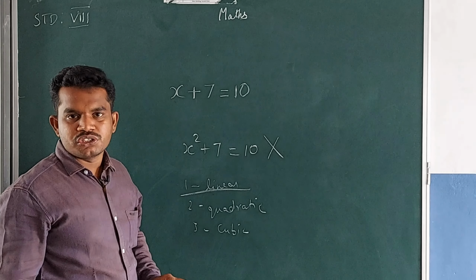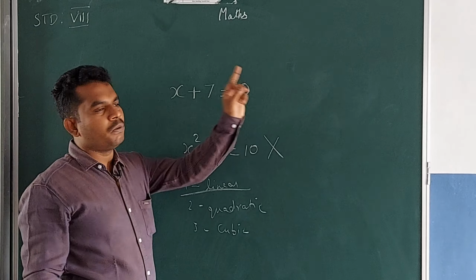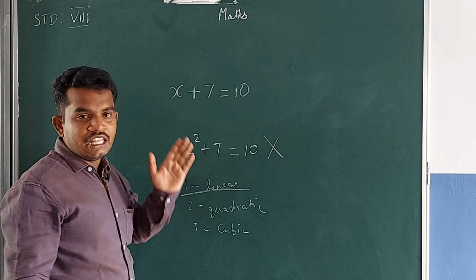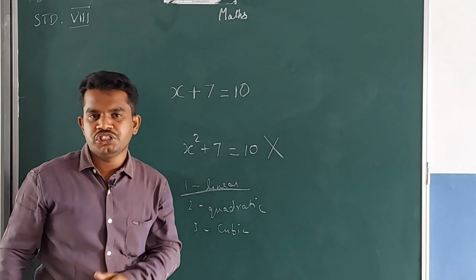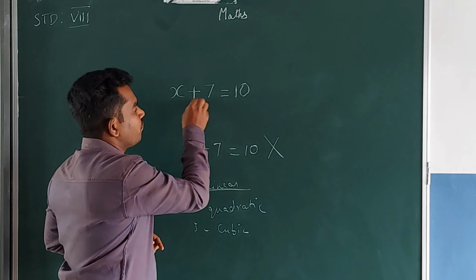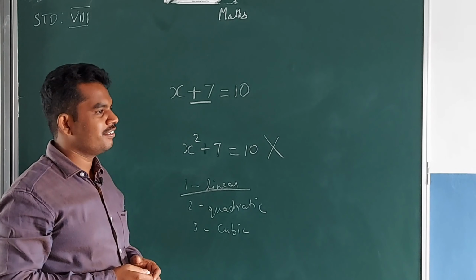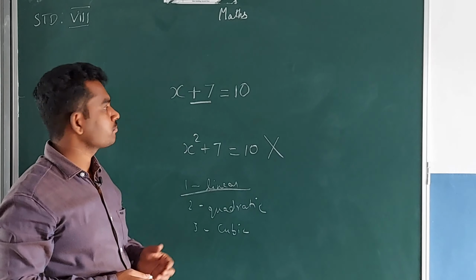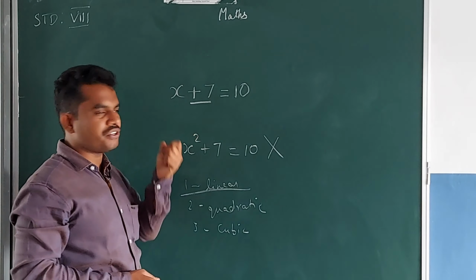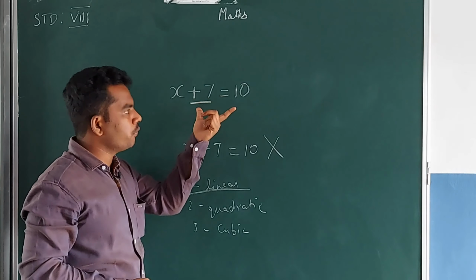For this equation x plus 7 equal to 10, we studied the linear equation in the transposition method. X plus 7 equal to 10. Here the first and foremost step for this equation is x plus 7 equal to 10.